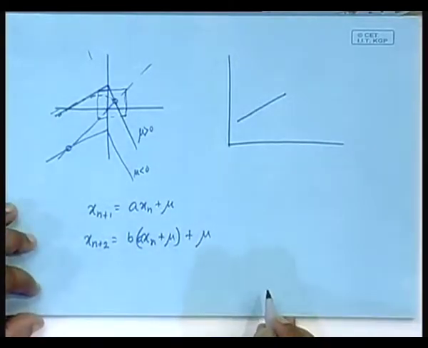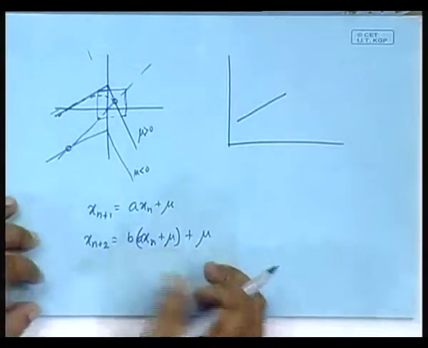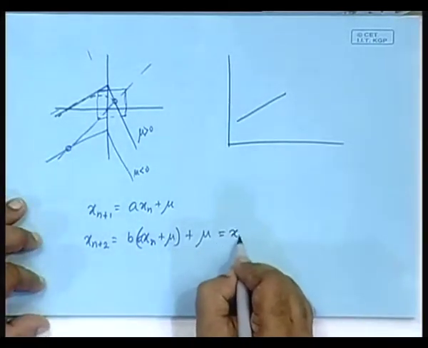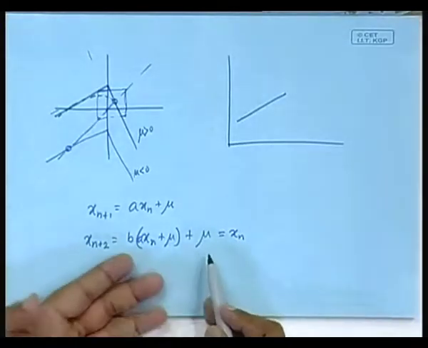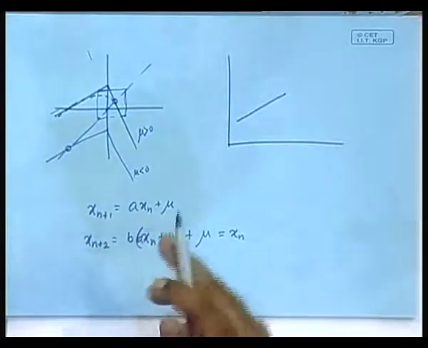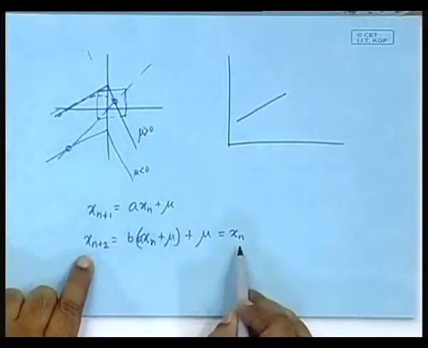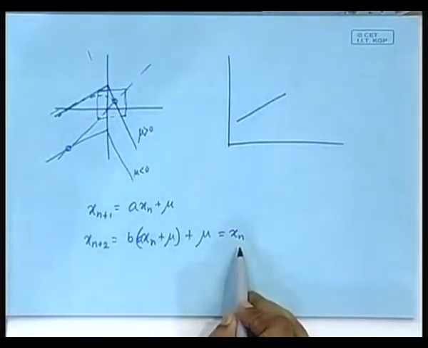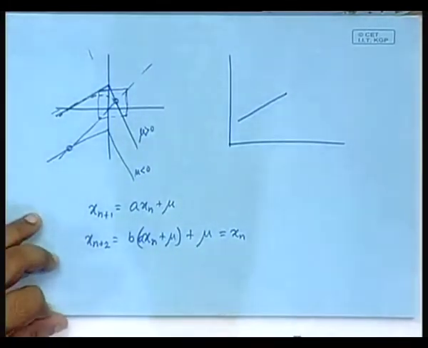Now, in order for the fixed point to exist, this must be equal to x n. That is the condition for the fixed point. I started from x n, went to x n plus 1, went to x n plus 2, and then said if this is equal to x n, then that is the condition for the period 2 orbit. So, we have got an expression that we can solve, right.